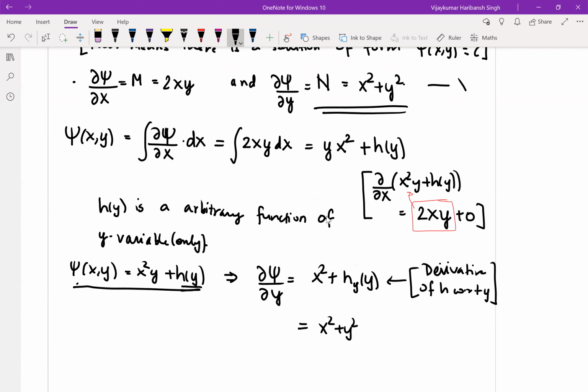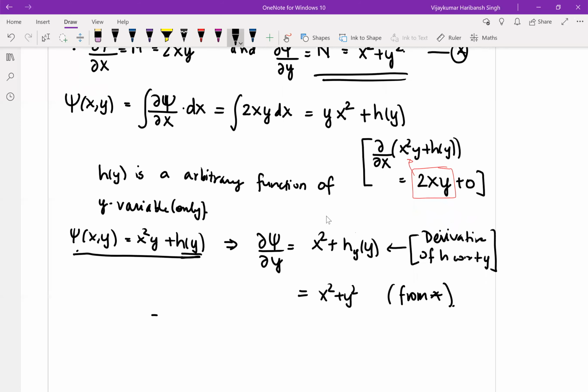Let's call this a star. So from star, this would mean h prime of y equals y squared after equating this. Now everything is happening with respect to y only. This would mean h of y is the integral of this with respect to y only, which is going to be y cubed by 3.